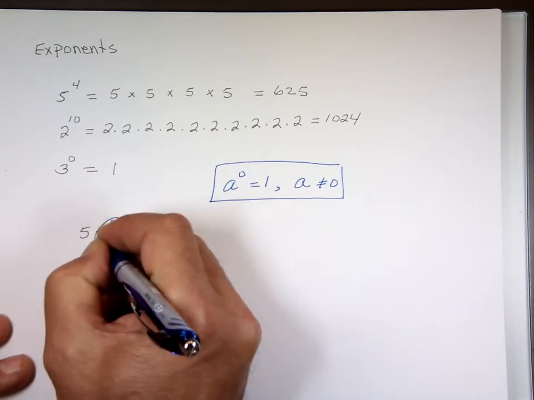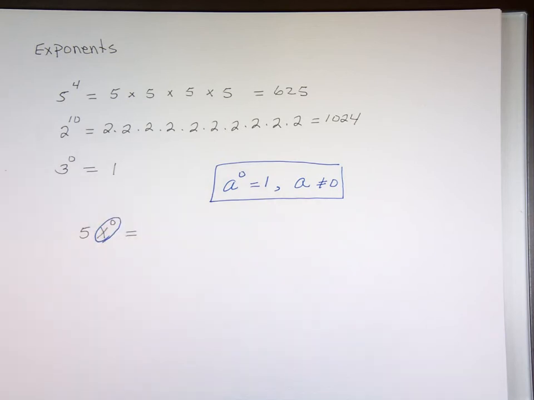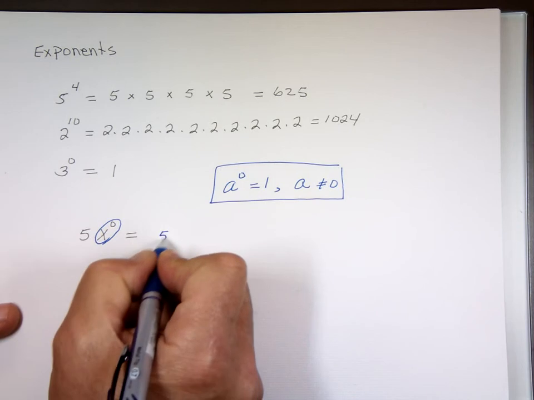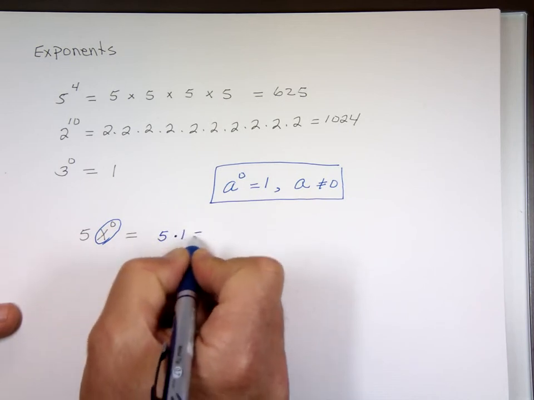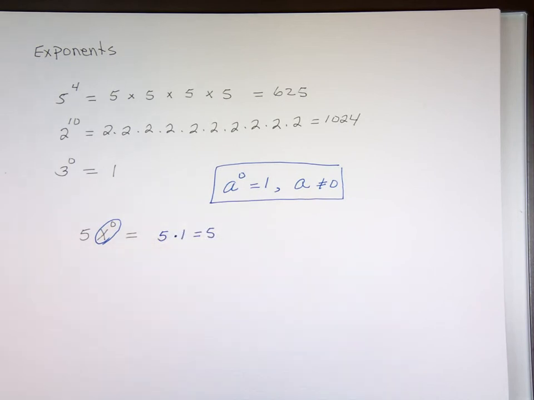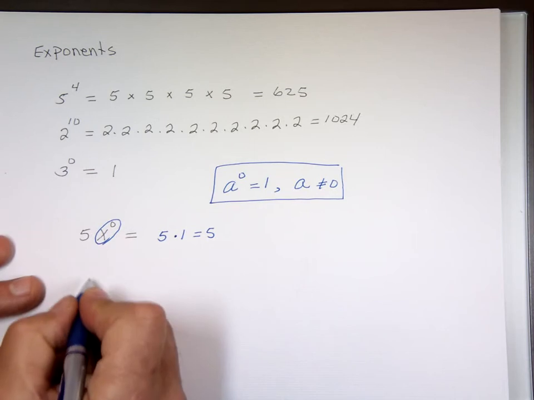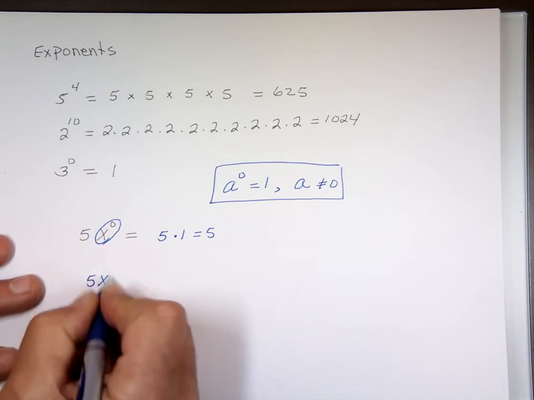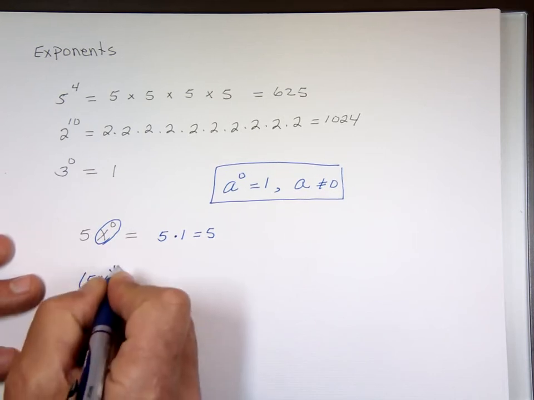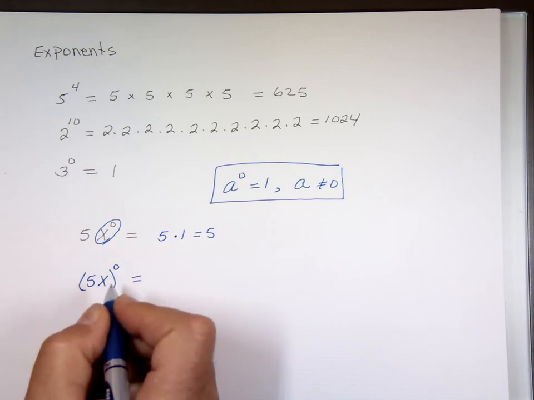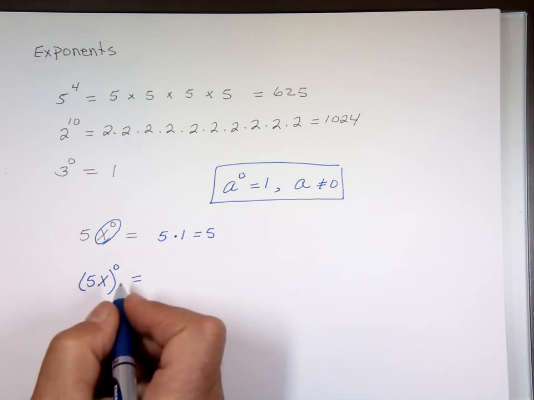So this is the only thing that's raised to the 0 power. Only that piece. So that's a 1. So it's really 5 times the 1, which is what? 5. If I wanted the whole thing, assuming again x is not 0, if I write this 5x to the 0, what's the answer? That's a 1.